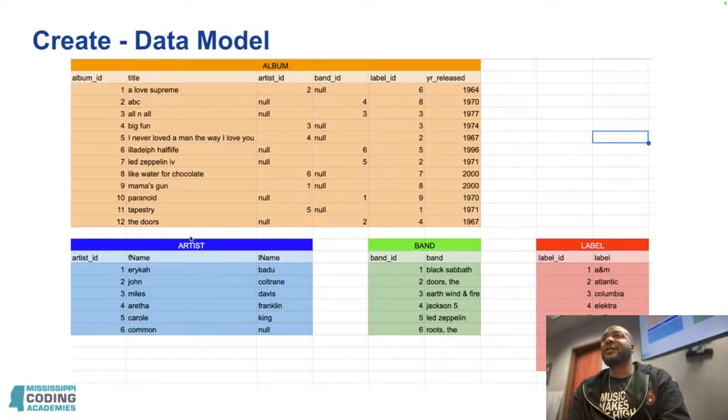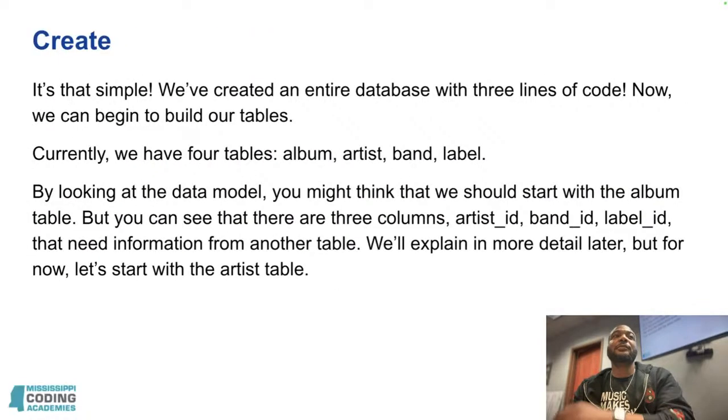It doesn't mean anything. And again, this is a relational database, so the tables need to relate. So I need to start off with these subtables, if you will, to build those out before I build out my album table.